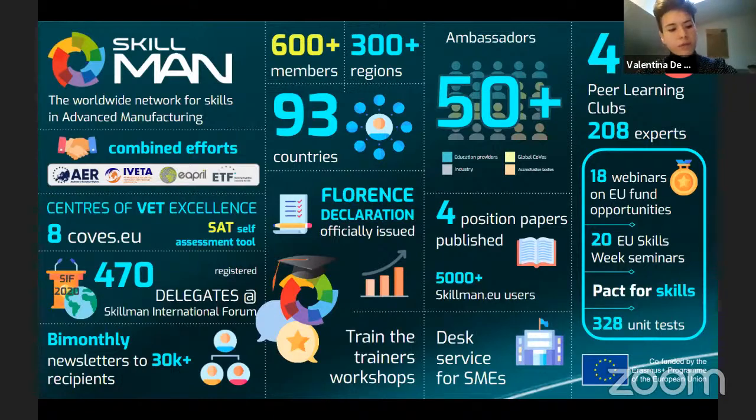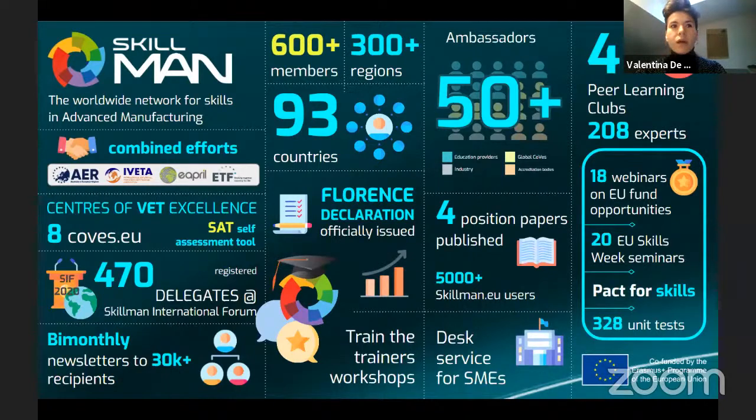The network was founded in 2014, but since then it got really broad. And right now we count more than 600 members coming from 300 regions in 93 countries all over the world. We also have more than 50 ambassadors coming from different backgrounds, but mostly TVET providers, policymakers, individuals, centers of vocational excellence, and companies who spread the principles of the Skillman network around the world.